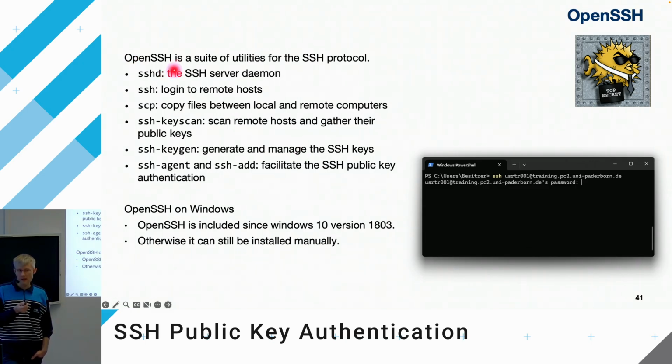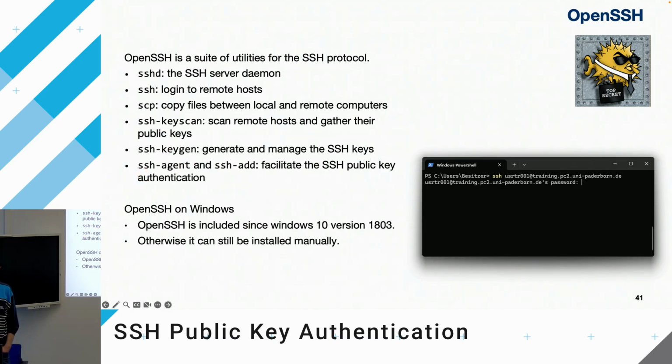Now, in SSH, we have multiple utilities, multiple commands that we will see. We have the SSH server daemon that runs on the remote host that you want to connect to, for example, on our cluster. We have the SSH client that runs on your local machine. And we have some more commands, SCP for copying and for key generation and so on.